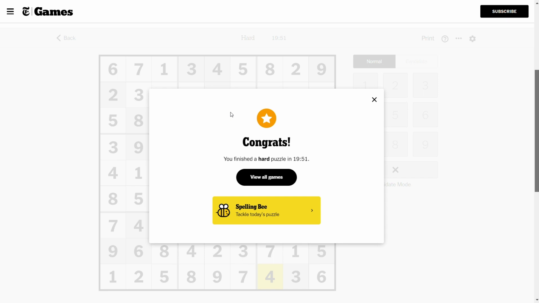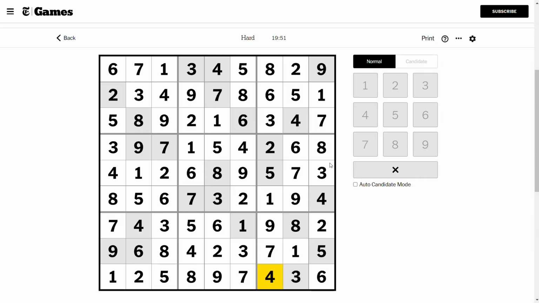Alright, so I finished today's New York Times hard Sudoku in just under 20 minutes. It did take a while explaining the pairs and triples that were quite essential.